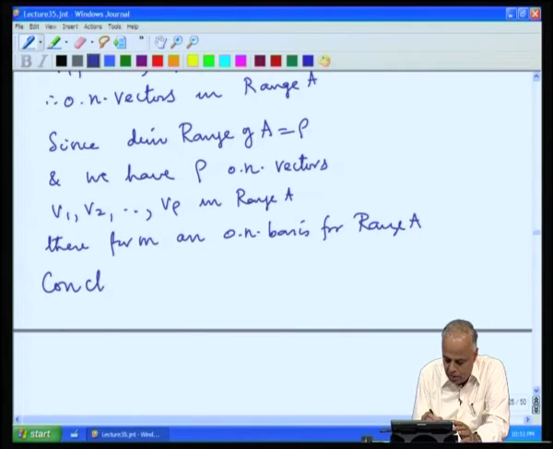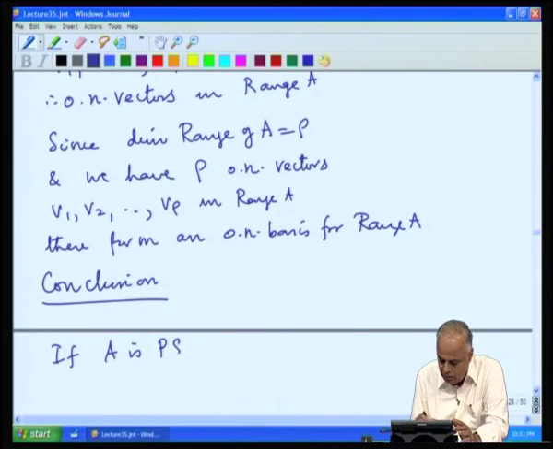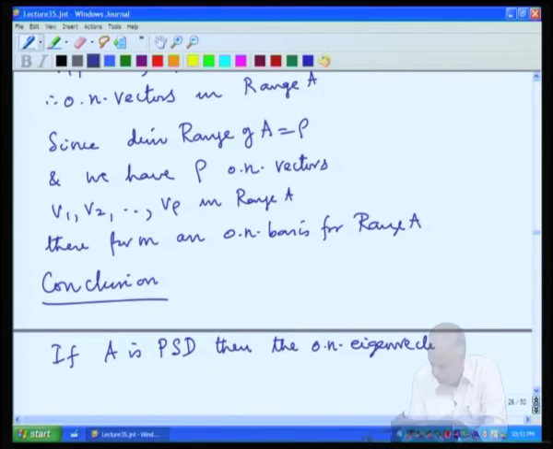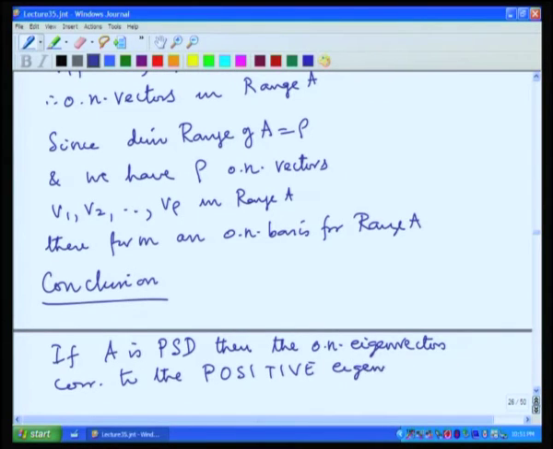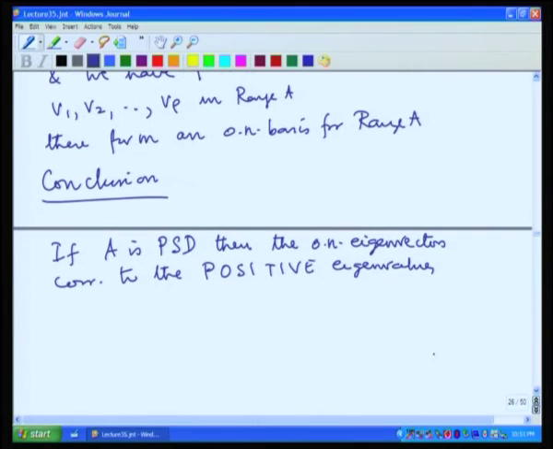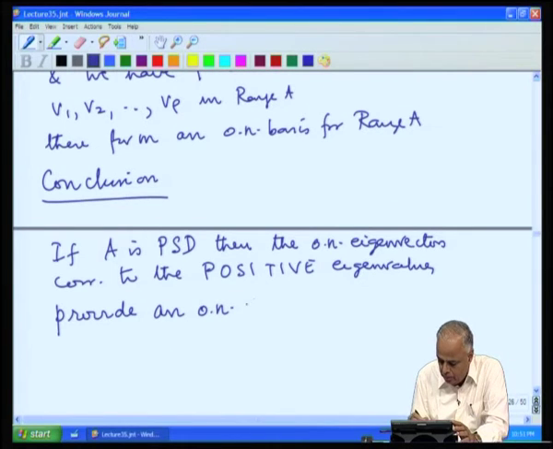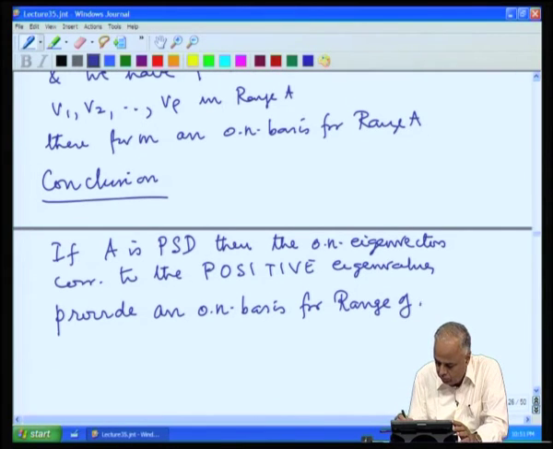That is the important conclusion. If A is positive semi-definite, then the orthonormal eigenvectors corresponding to the strictly positive eigenvalues provide an orthonormal basis for the range of A.